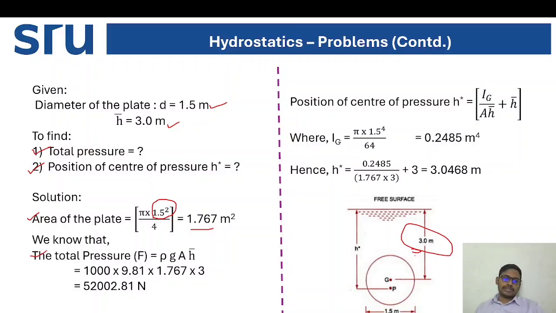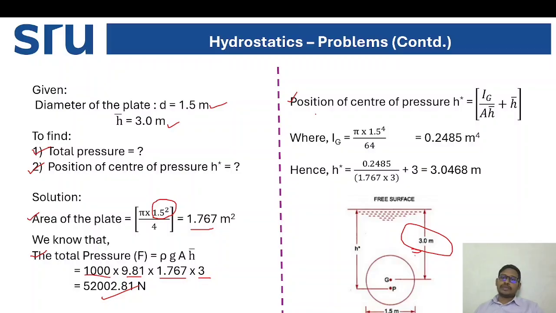So total pressure equals rho g A into h bar, 1000 into 9.81 into 1.767 into 3. Then you will get total pressure as 52,002.81 newtons.